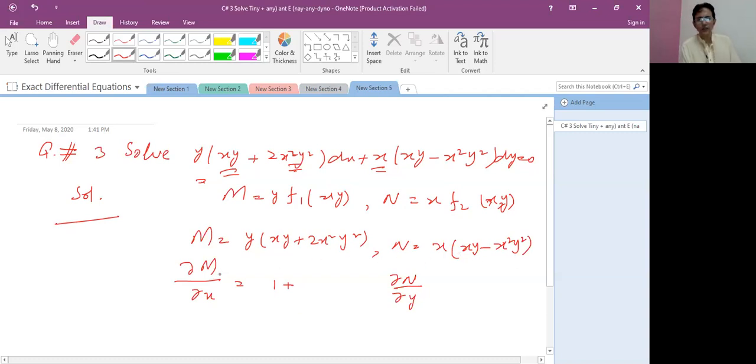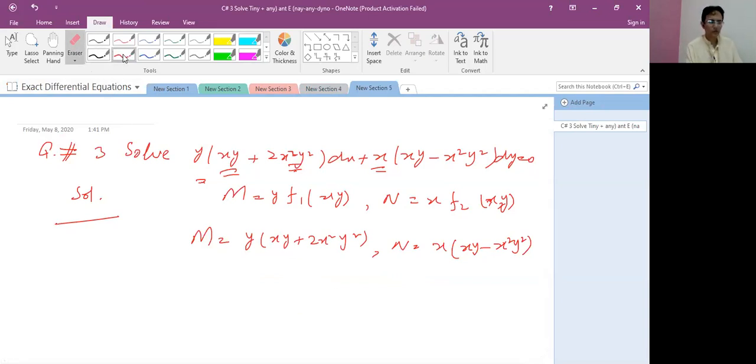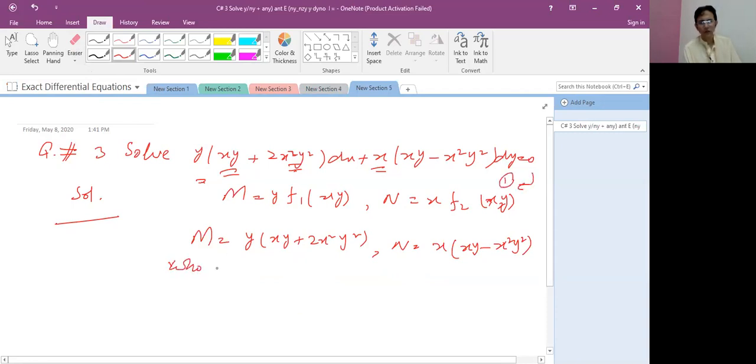Before finding the partial derivative, student, we divide the variable x and y, so that the whole equation, if we name it equation number 1, is divided by xy.